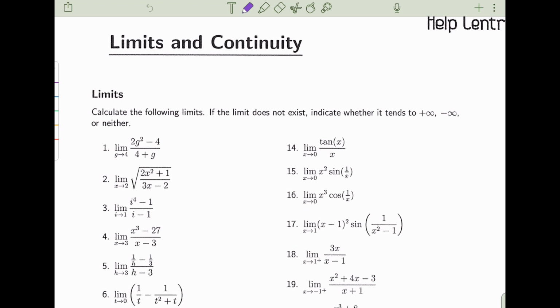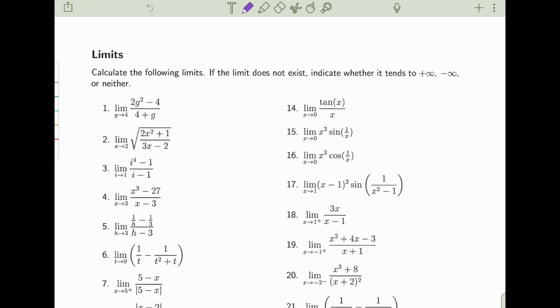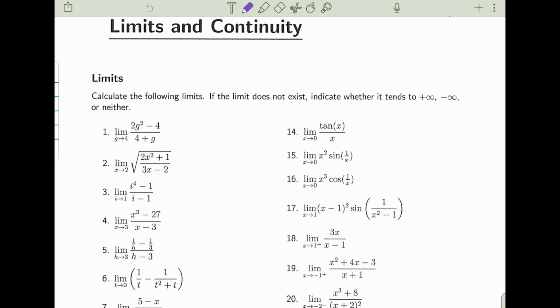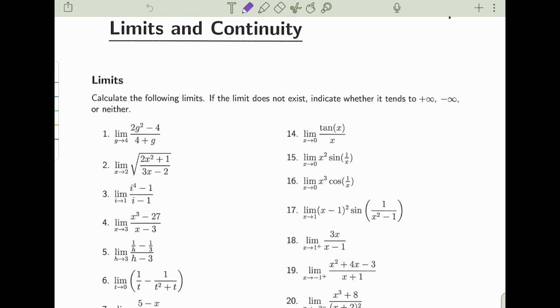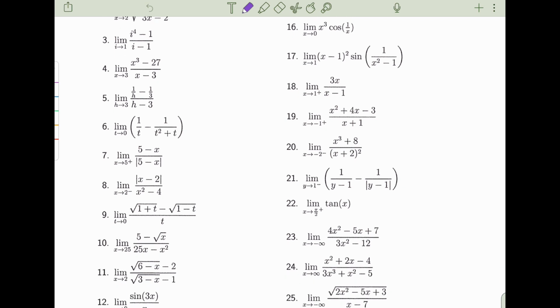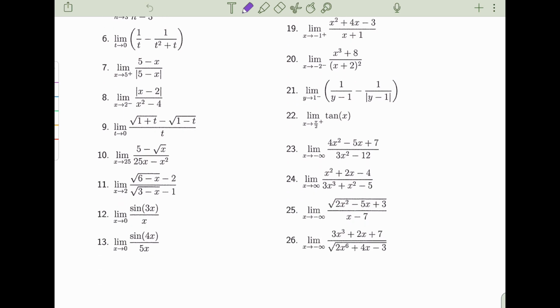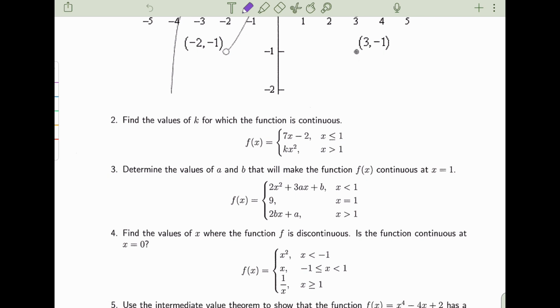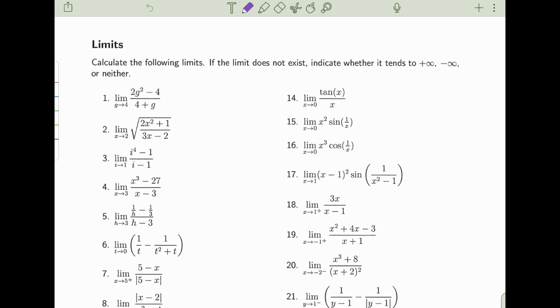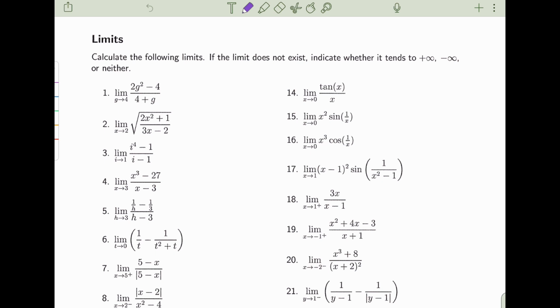My goal today is to go over question 1 up to question 22 in this first workshop. It's basically about computing limits, and in the next workshop I will go over the rest of the questions, from 23 to these 6 questions on continuity.